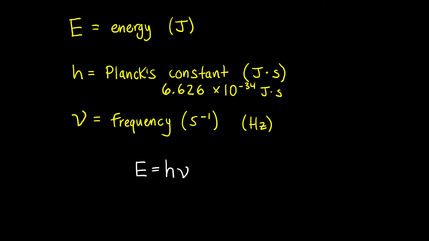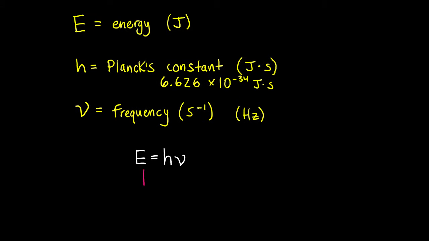If you check the units, you see that E, which is measured in joules, is equal to h, a proportionality constant of joule seconds, times nu, which is an inverse second. What ends up happening is that the second cancels on the top and the inverse on the bottom, giving you just joules.